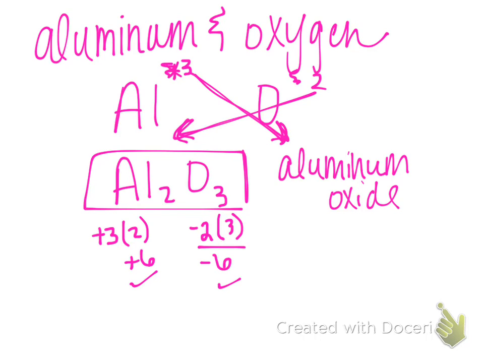Very good. Let's say I had a compound named lithium nitride. We want to try to build that compound backwards.